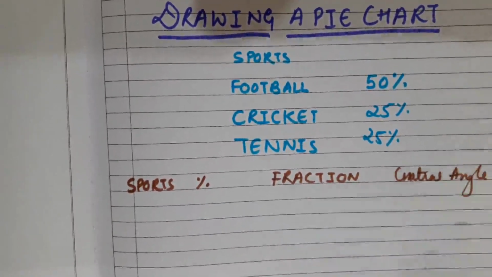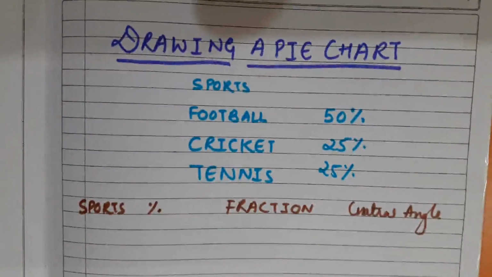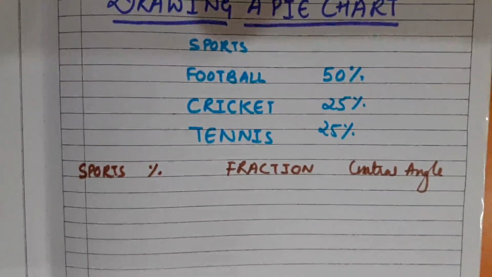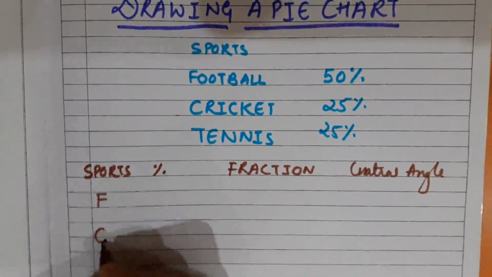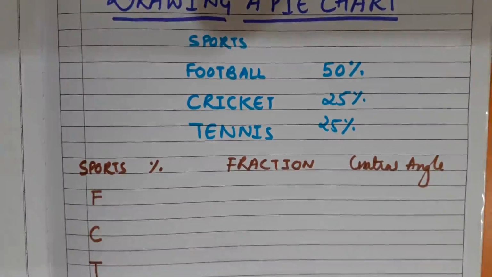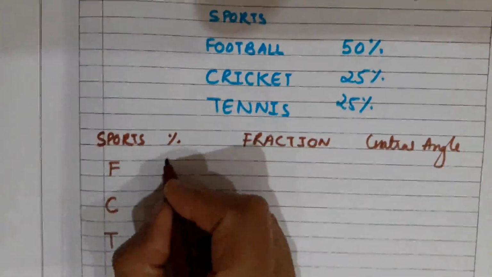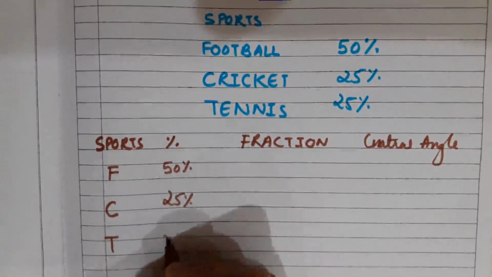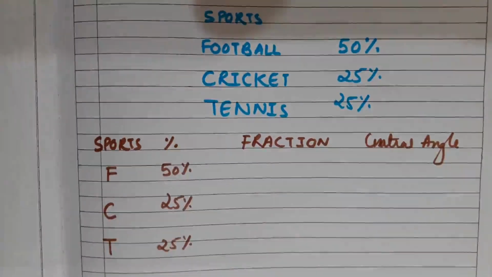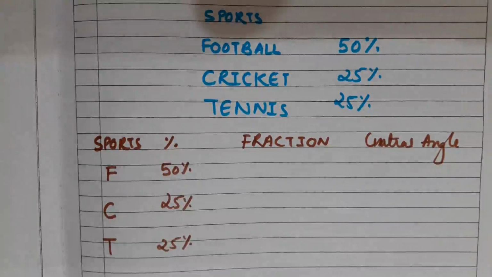Okay, so let's see how we can find out all these things. First will be football, cricket and tennis. These will be your sport percentages: 50%, 25% and 25% have been given to you. So how can you find the fraction?